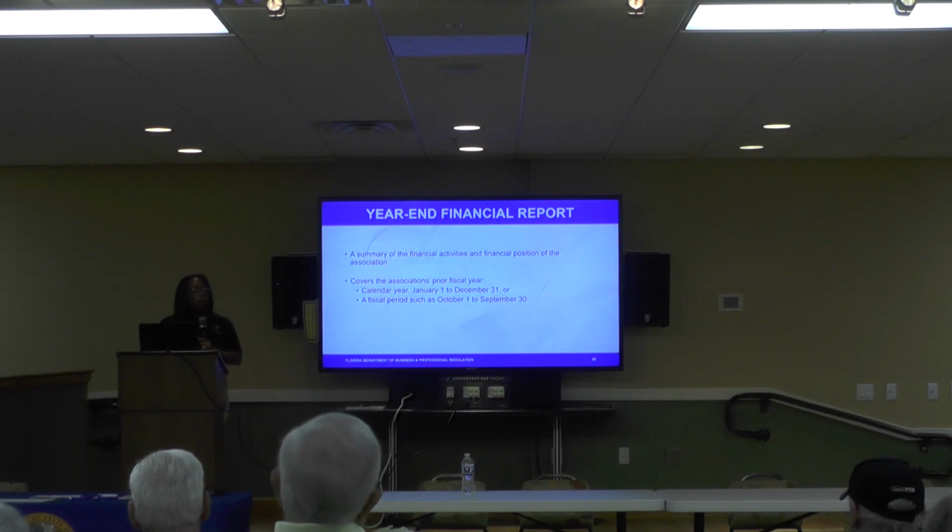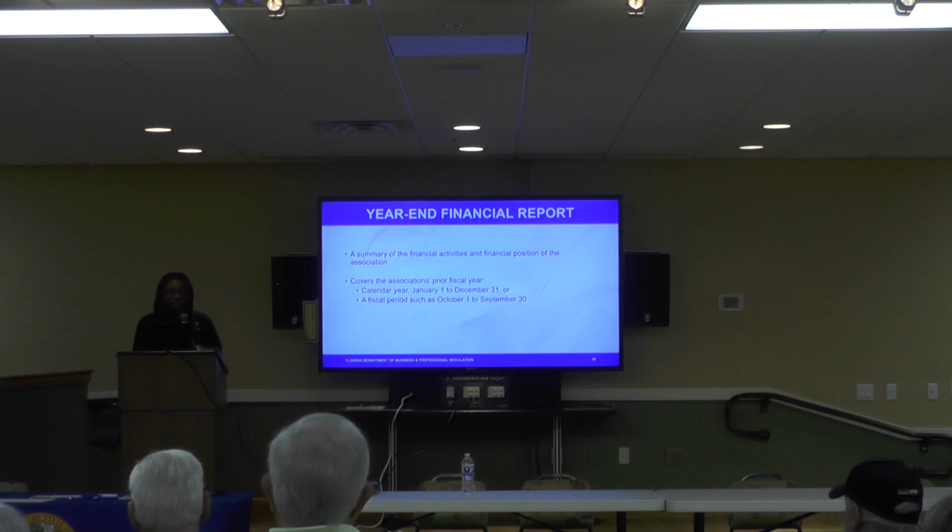This will show what money came in and what money was actually spent during the fiscal year. It'll also cover the association's prior fiscal year. So, for example, calendar year January 1 to December 31st, or a fiscal period such as October 1st to September 30th.